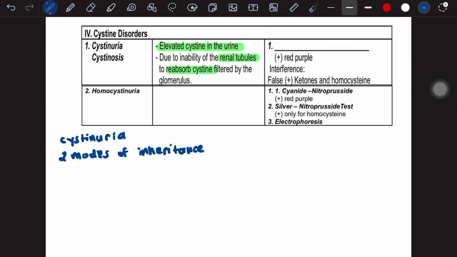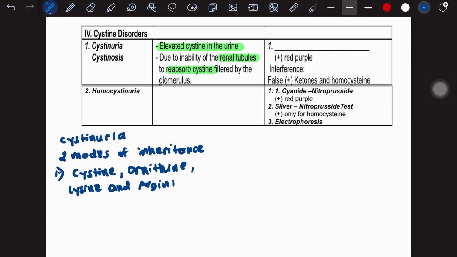So first, what is affected is the reabsorption of amino acids: your cysteine, ornithine, lysine, and arginine.